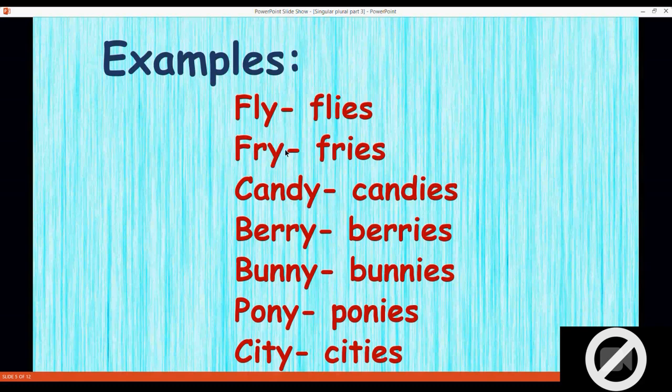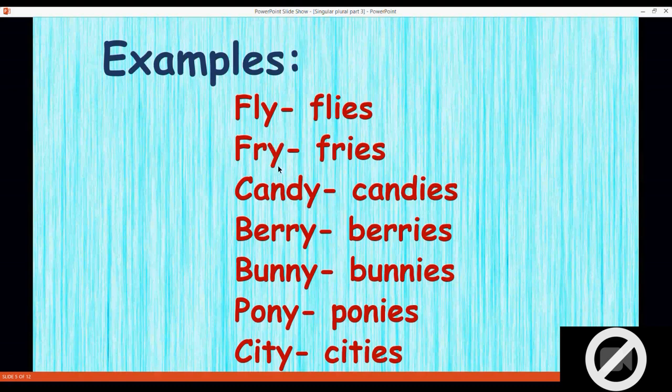Please don't concentrate on something else and just listen. So the word fry ends with the letter Y, and just before Y, what is this? R. Is R a vowel or a consonant? Very good. R is a consonant.